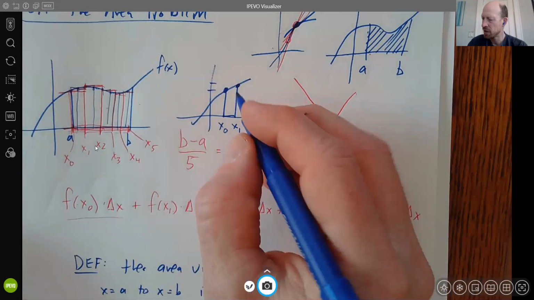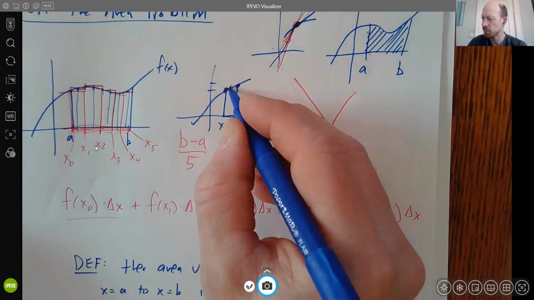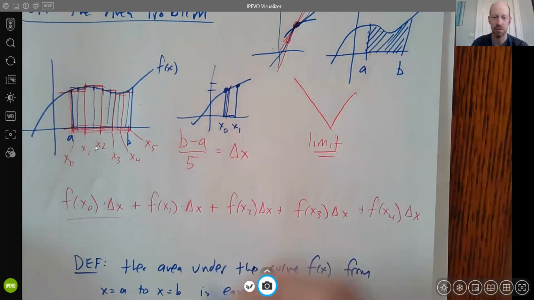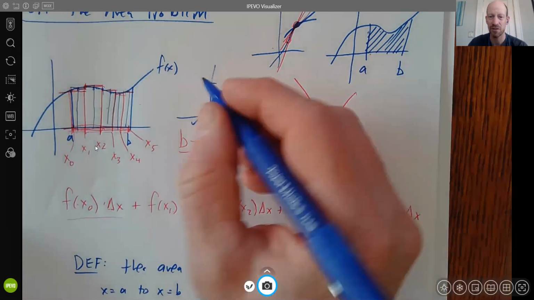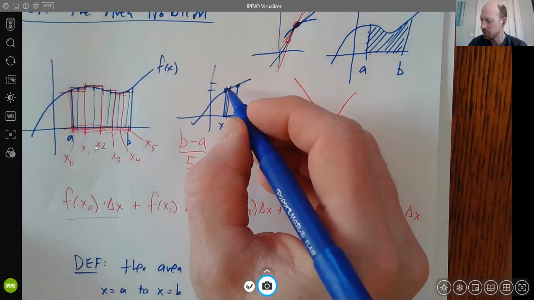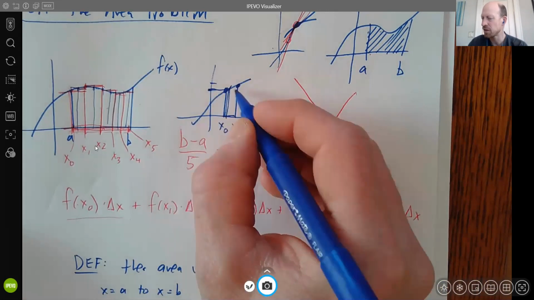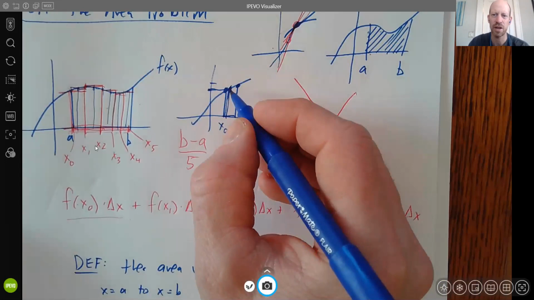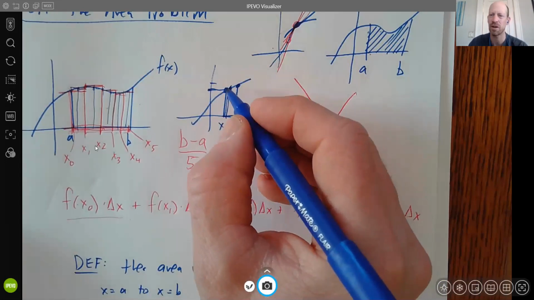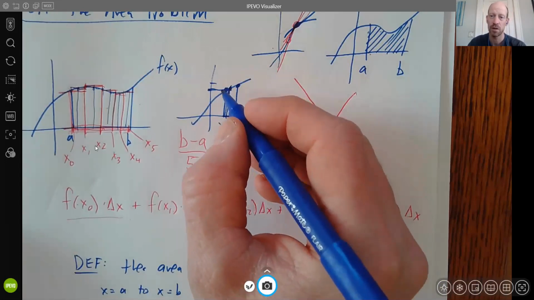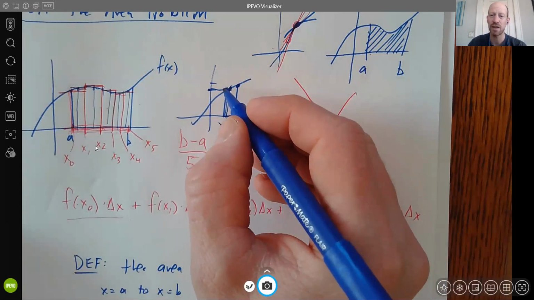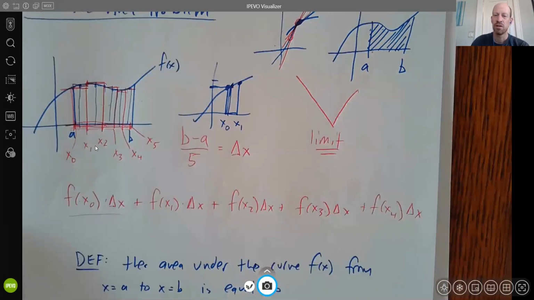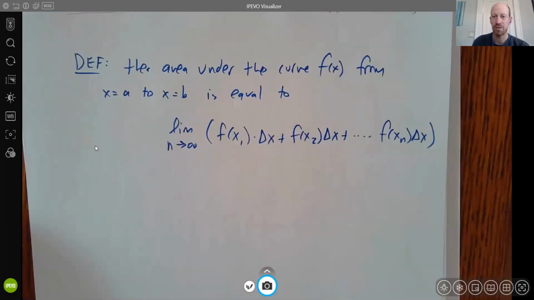But as the interval gets smaller and smaller, and the number of rectangles starts to go to infinity, each of these intervals becomes very small. It turns out that for the left and the right endpoints, it doesn't really matter anymore. The heights are all going to the same values. And for our calculations, it's actually going to be easier to use the right endpoints rather than the left endpoints.